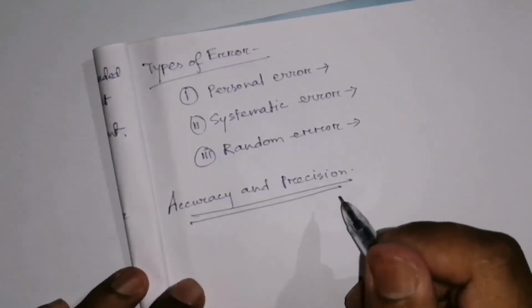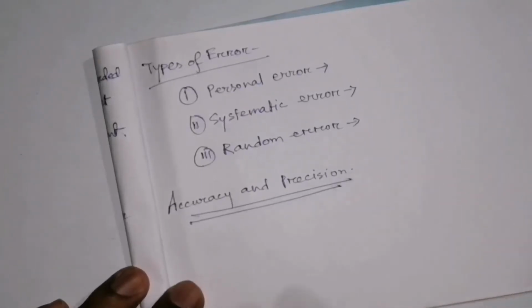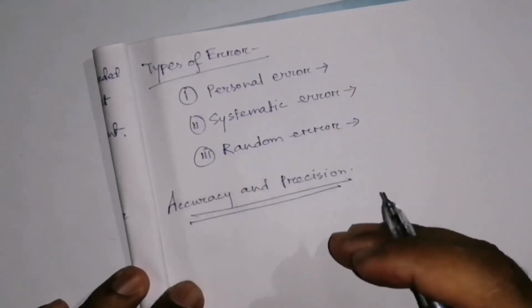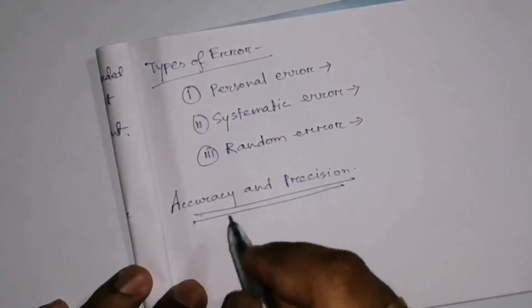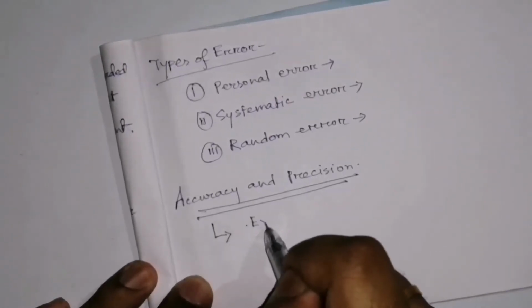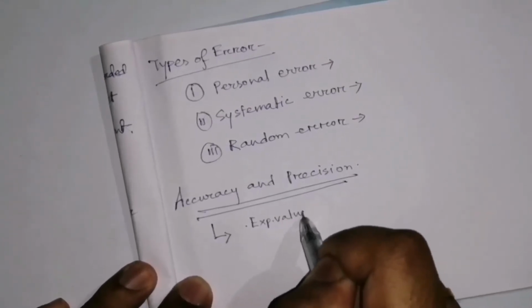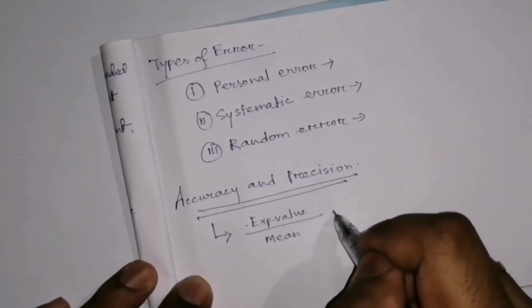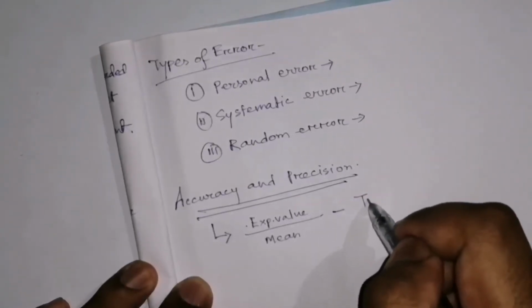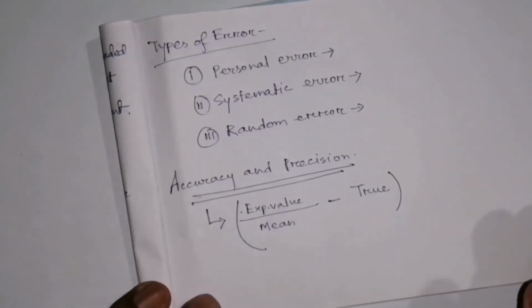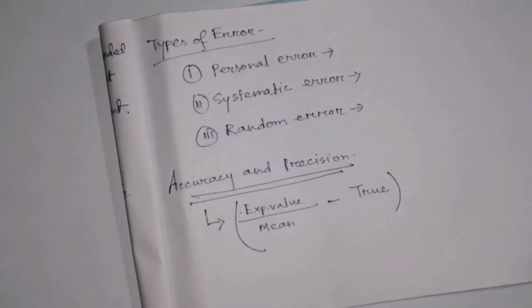So accuracy of a measurement denotes the closeness of an experimental value or the mean value of a set of measurements to that of the true value, and it is mathematically expressed as the experimental value or mean of the values minus the true value. So smaller the difference, greater will be the accuracy of the experiment performed.